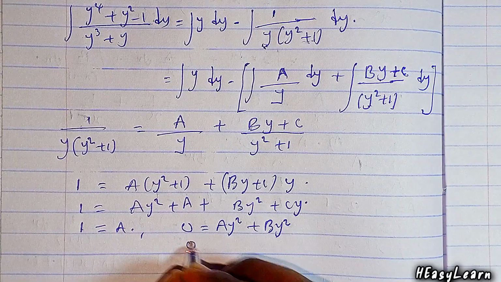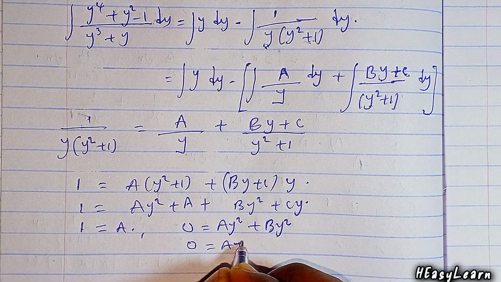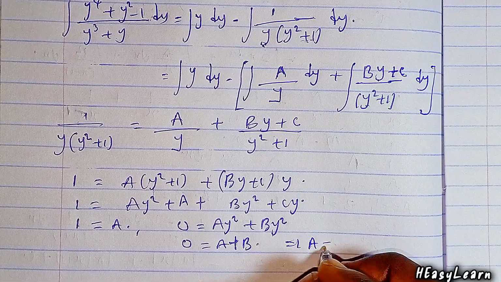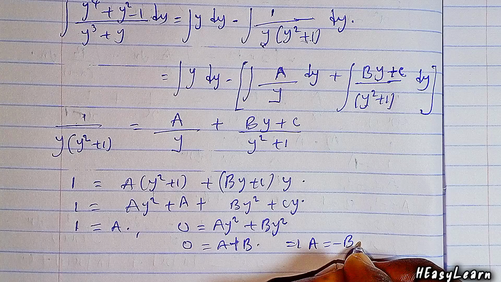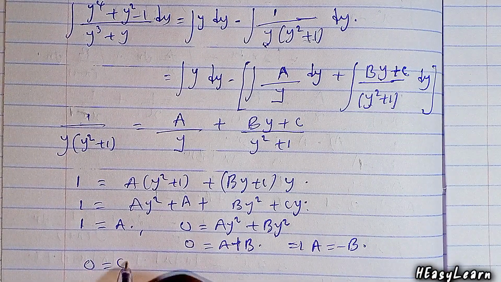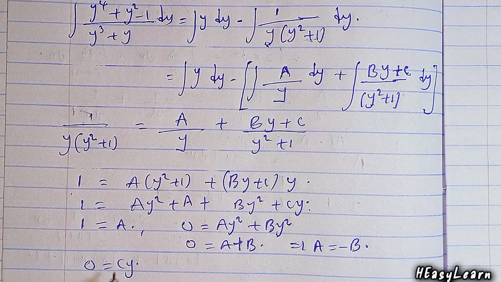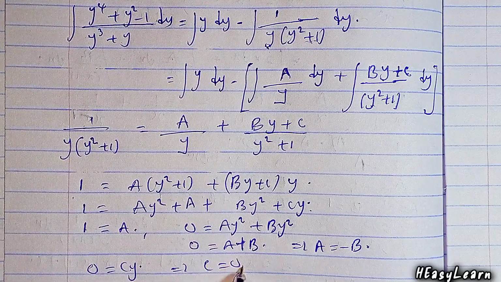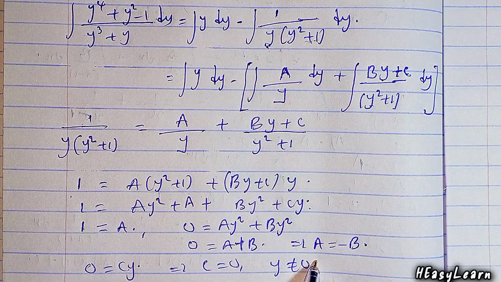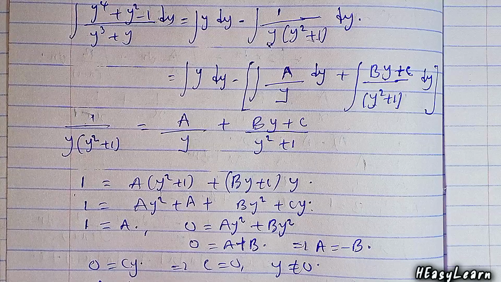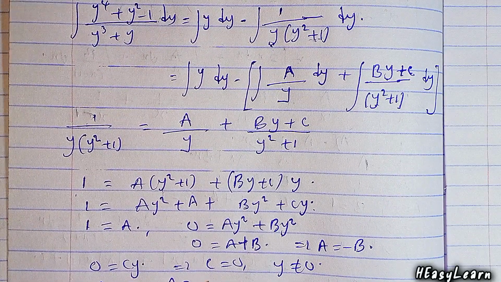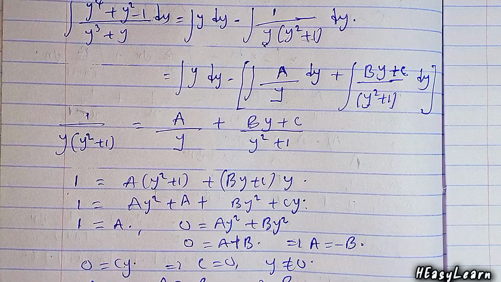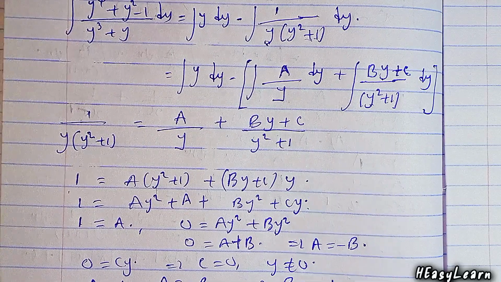So we have 0 equals a plus b. y can never be 0. This implies that a is equal to minus b. Again, there is no term that has y here, so 0 equals cy. This implies that c is equal to 0. From above, a equals 1. Again, a is equal to minus b. This implies that b is equal to minus 1.